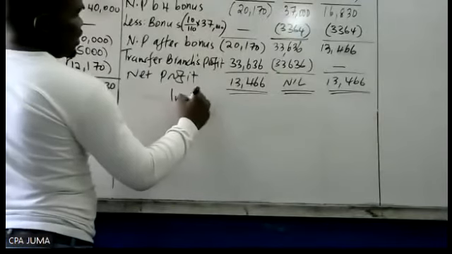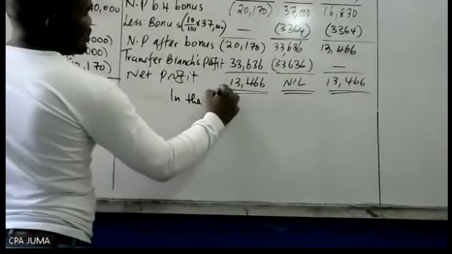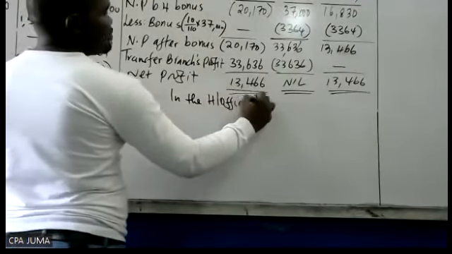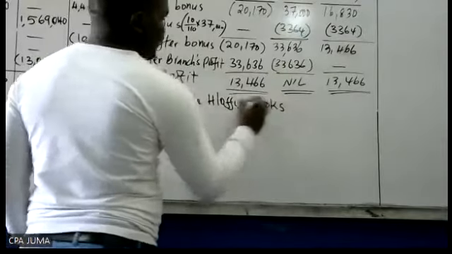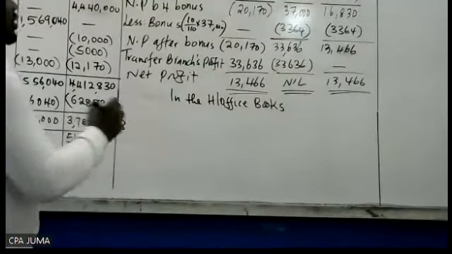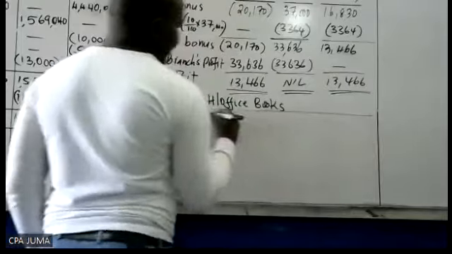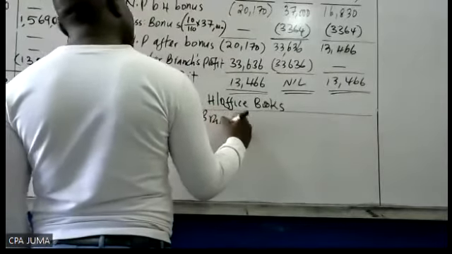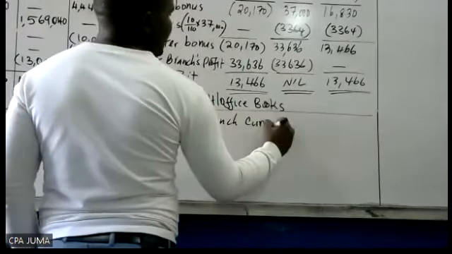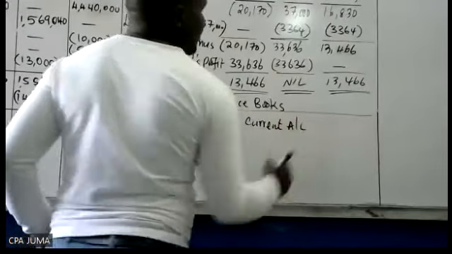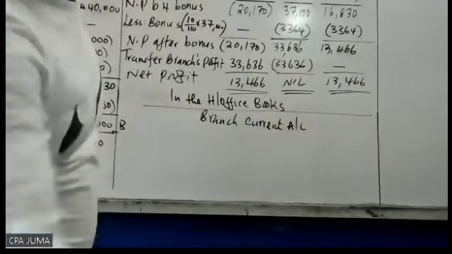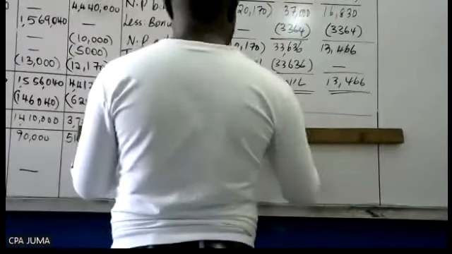So let me start with the head office. In the head office books, you will prepare branch current account.